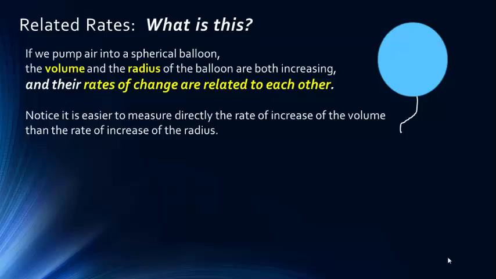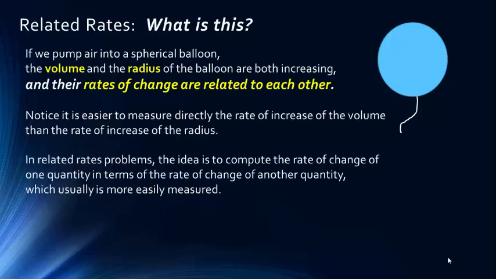We don't really have a good way of it. We could measure the circumference, but that's going to take a lot more time and energy. So often one rate of change is easier to measure or to calculate than the other. In related rate problems, the idea is to compute the rate of change of one quantity in terms of the rate of change of another quantity, which is usually more easily related.